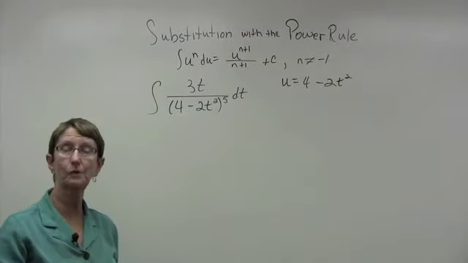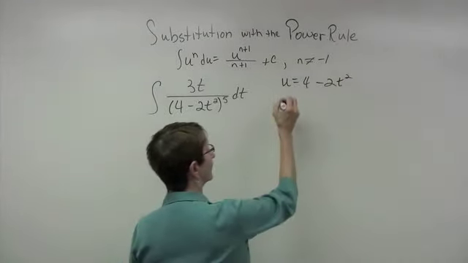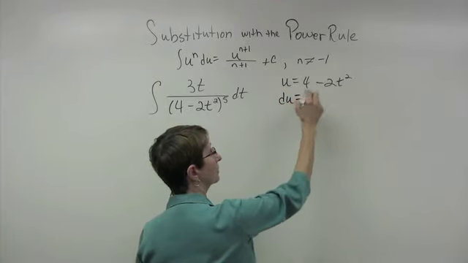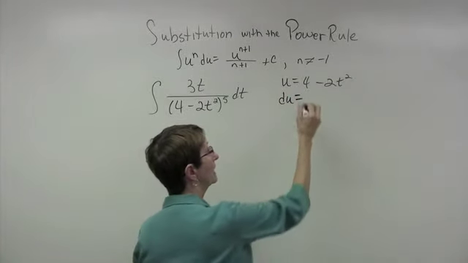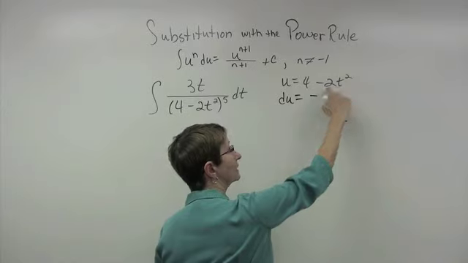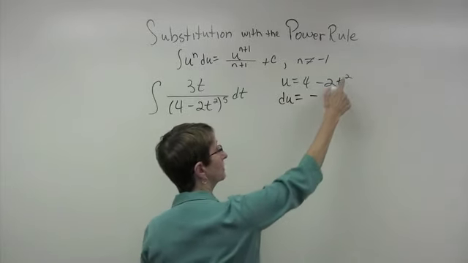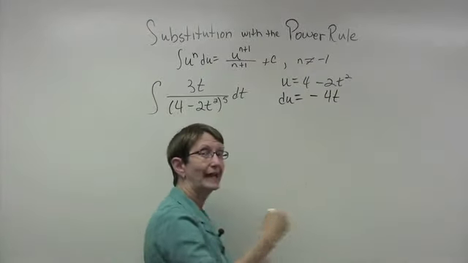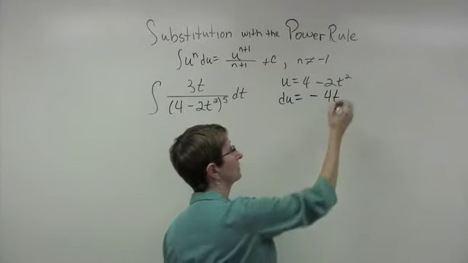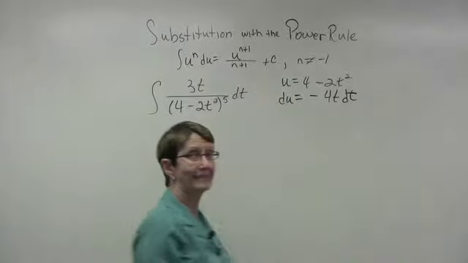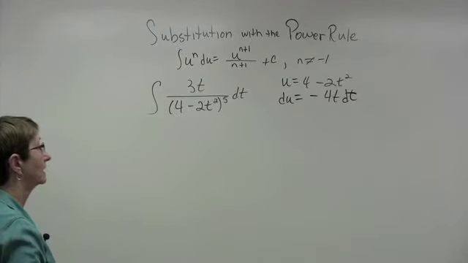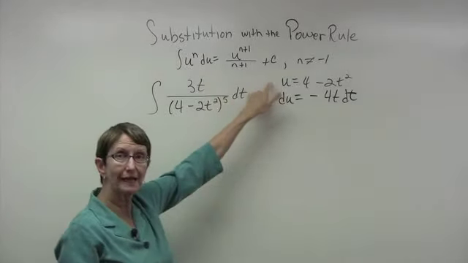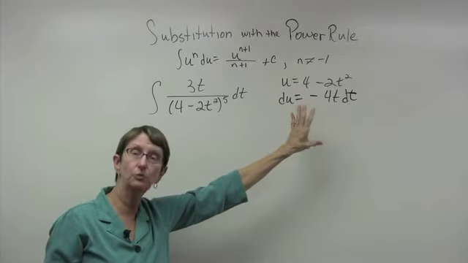Not the exponent, just what's inside. And to get the du, we'll take the derivative. Derivative of 4 is 0, minus 2t squared. The derivative would be 2 times 2 is 4, t to the first. And to get the du part of the derivative, we multiply this by dt. So first step is to get u, second step is to take its derivative.